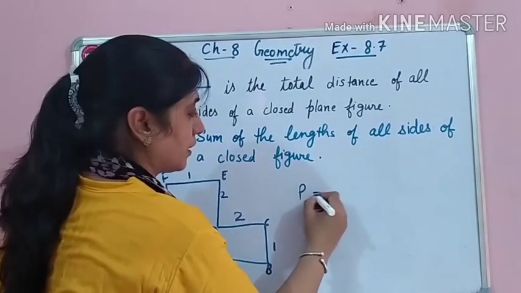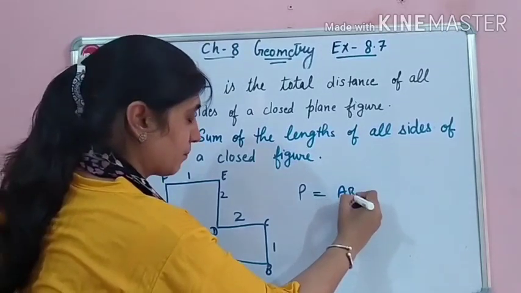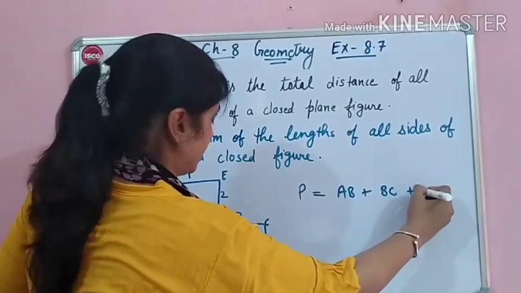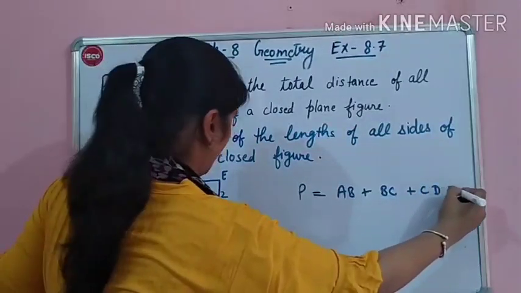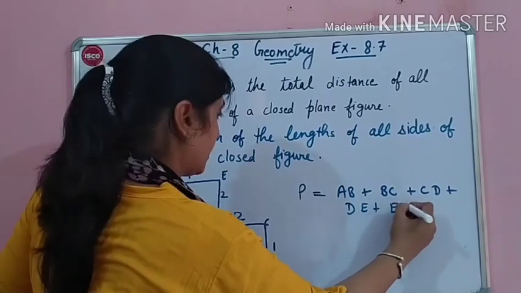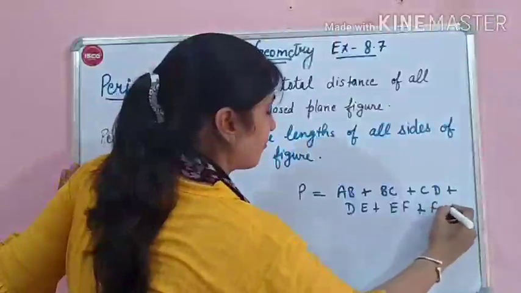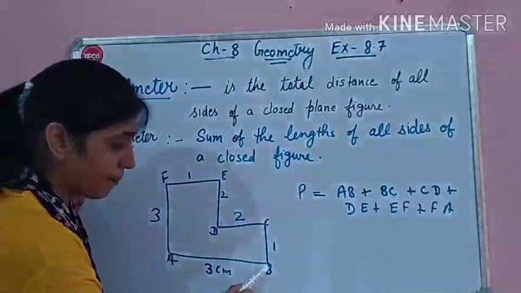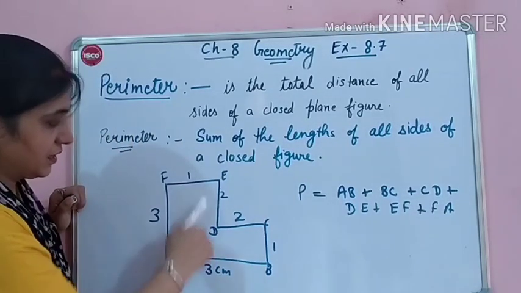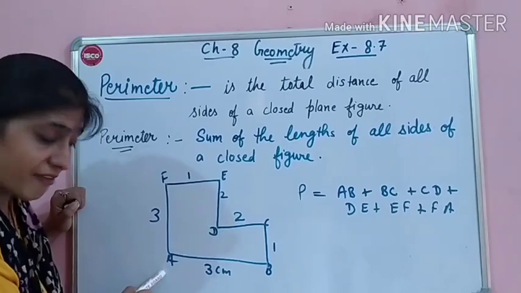So, P means perimeter. AB plus BC plus CD plus DE, then EF, then come to FA. AB, BC, CD, DE, EF and FA.